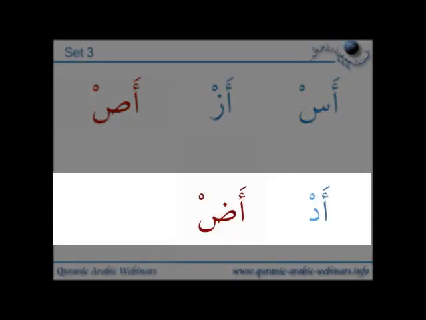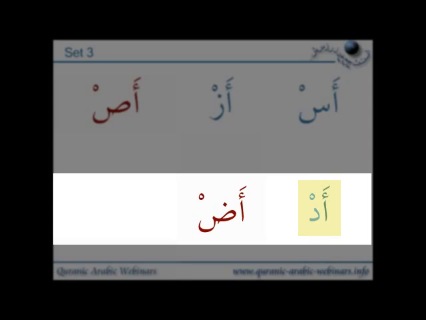And the bottom set here is the dal and the dad. So again, this is a taraqiq and tafkhim pair. So we have the lighter version of the D, which is dal, and the heavier version, which is the dad. So with the sakin version of those, we have ad, and that is going to be qalqala.